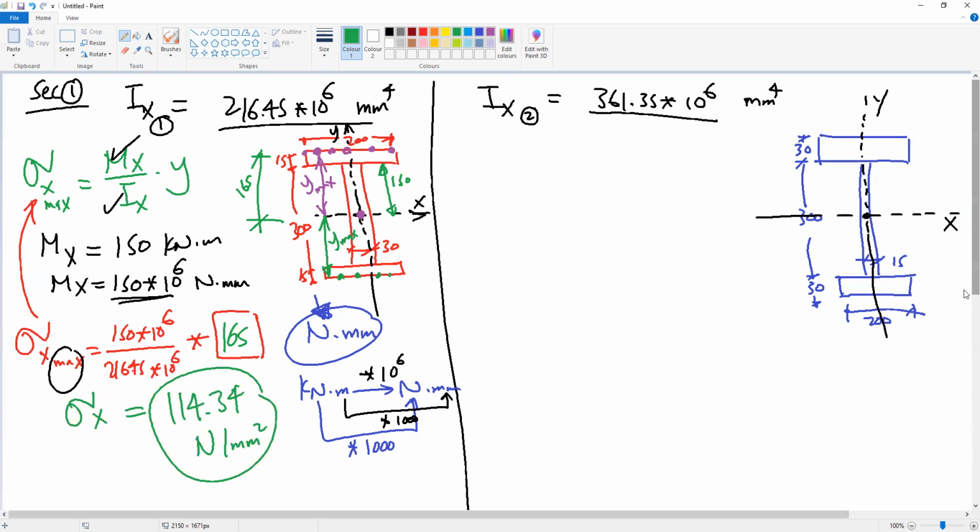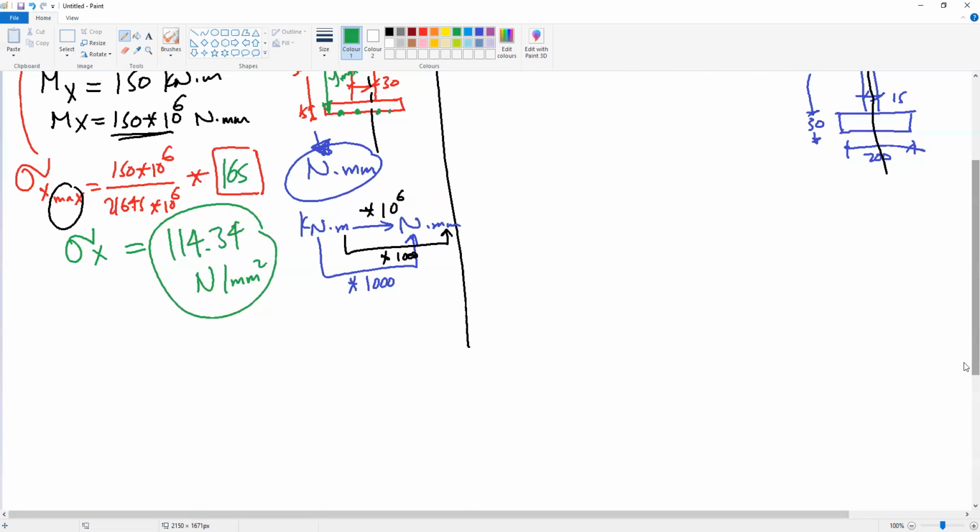Okay, why is the stress unit Newton per millimeter square? Because when we substitute in sigma equal to the moment, we use Newton times millimeter divided by the inertia in millimeter to the power 4 times y in millimeter.